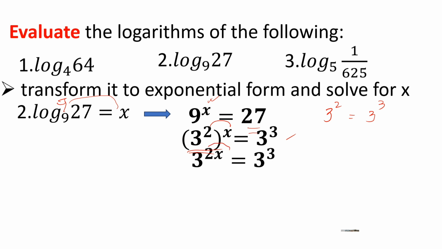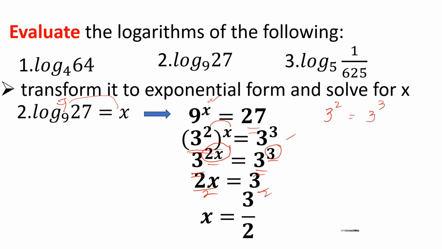We have the same base already, the 3 on the left and the 3 on the right, so it is now time to equate their exponents. 2x is equal to 3. Since we want the value of x, we divide both sides by 2, so x is equal to 3 halves.